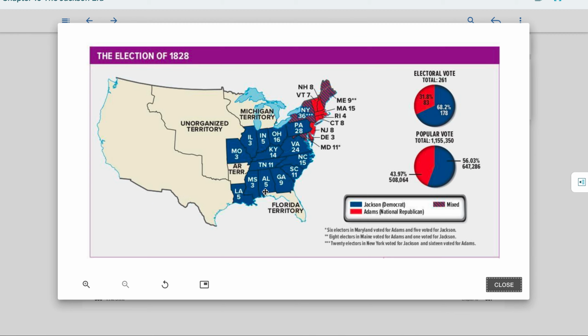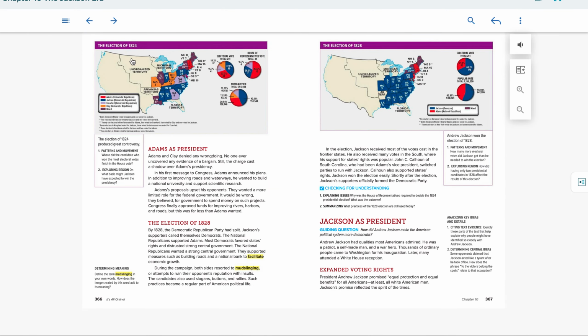You can see the states in blue are the states that Jackson won, and the states in red are the states that Adams won. And then mixed, so they both got votes. You can see for the asterisks, for example, Maryland was mixed. 6 votes for Adams and 5 for Jackson. So you can look at, again, how the election of 1828 was different than the election of 1824.